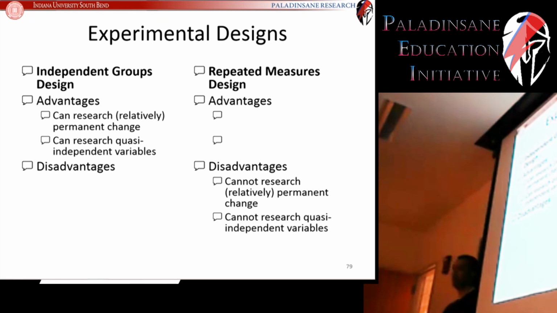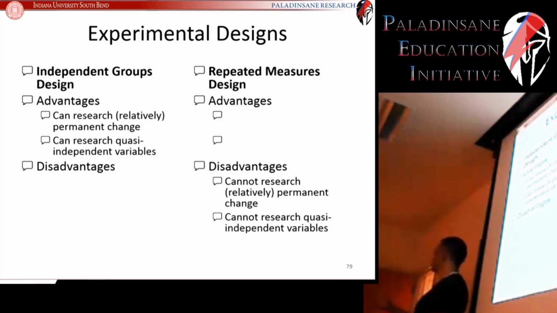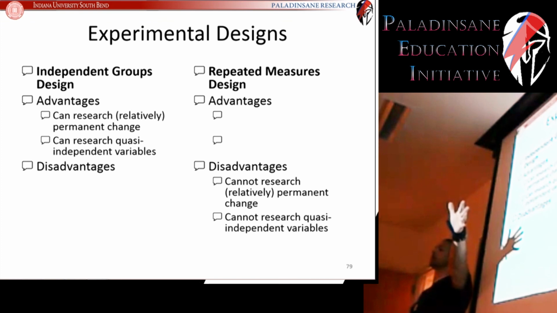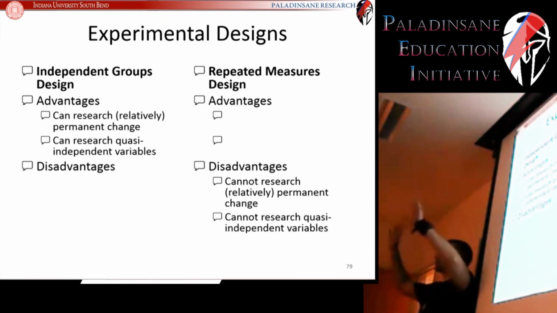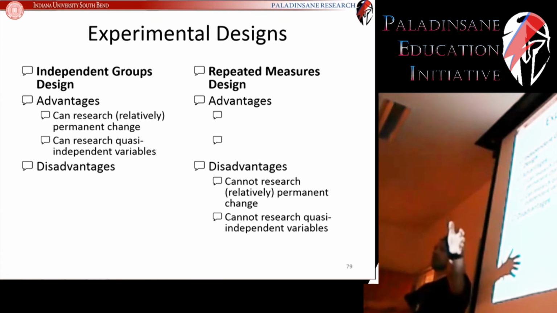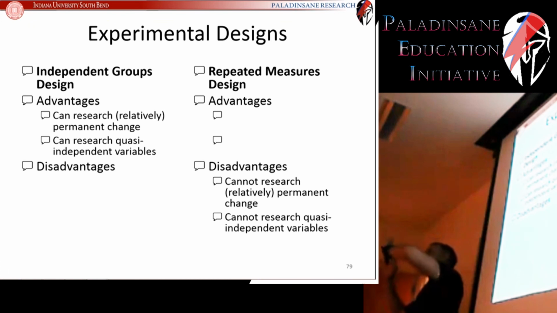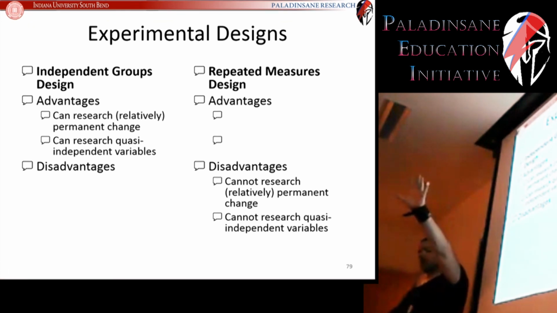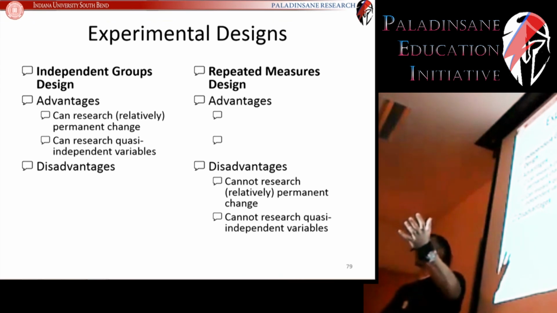The experimenter can take a subject and say, all right, you're male, I'm going to put you in the male group. You're female, I'm going to put you in the female group, and then we're going to see if there's any differences between the groups, right? We can split them up into two different groups, where the males are measured for their behavior, the females are measured for their behavior, and that is that independent groups design.